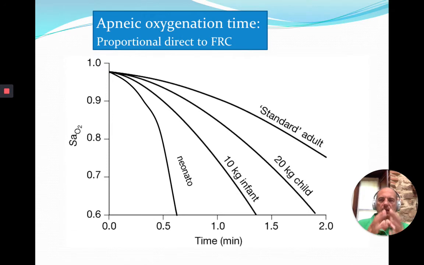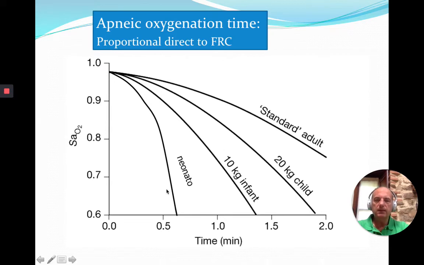So this is a second very nice approach: how can I know, clinically speaking, if the lungs are atelectatic or not? Once again, learn from neonates. There is a very nice concept called apneic oxygenation time, which we know through neonates is directly proportional to functional residual capacity.